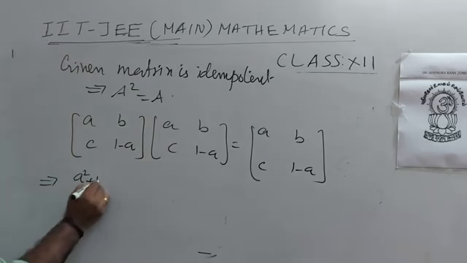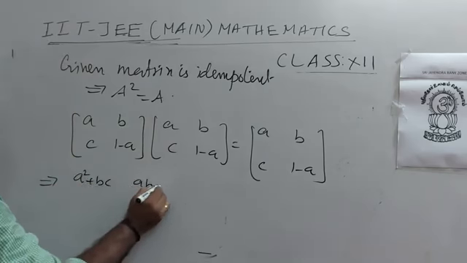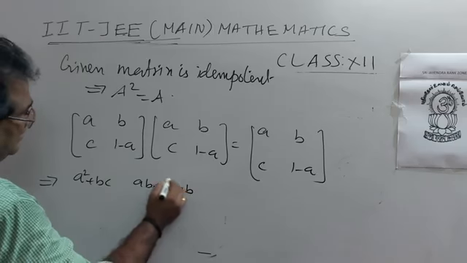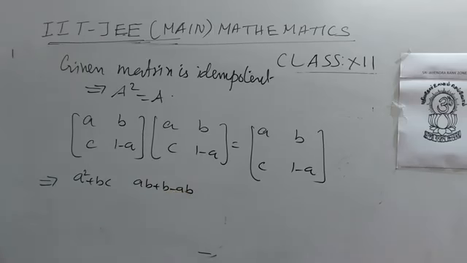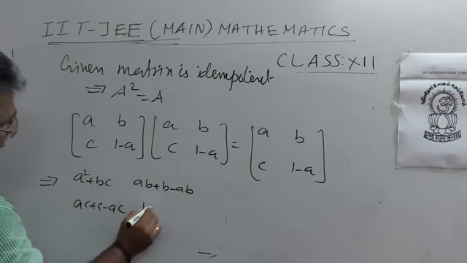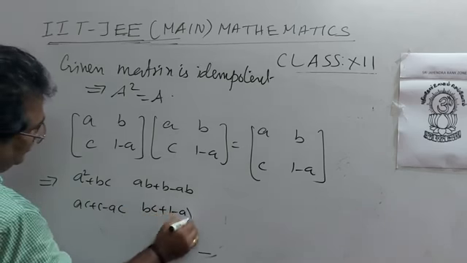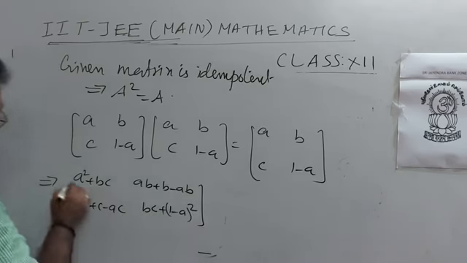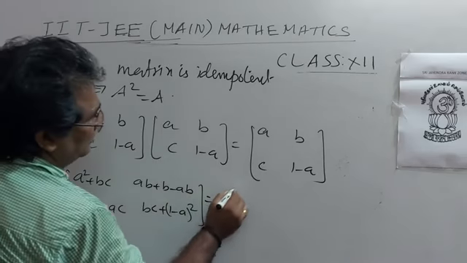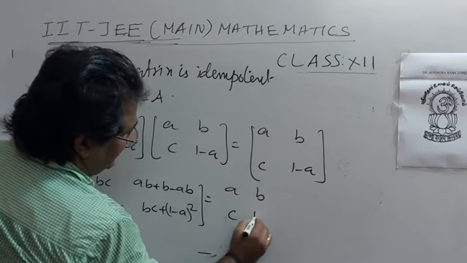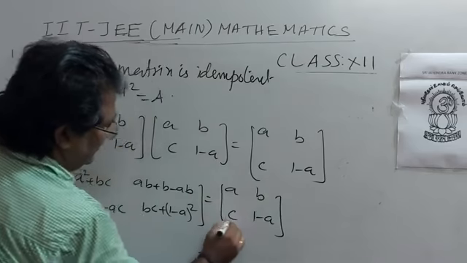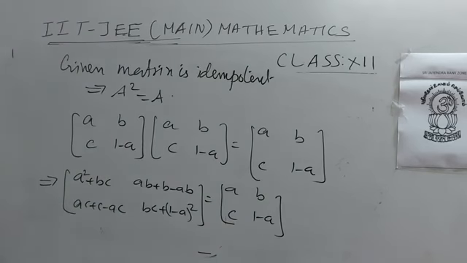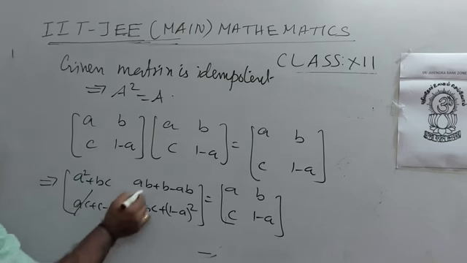The product is [[a squared plus bc, ab plus b minus ab], [ac plus c minus ac, bc plus (1 minus a) squared]] equals [[a, b], [c, 1 minus a]]. So this can be cancelled.